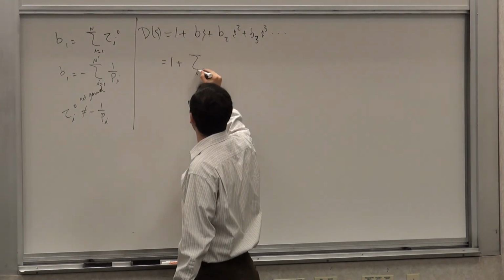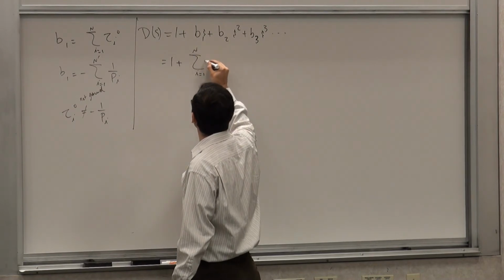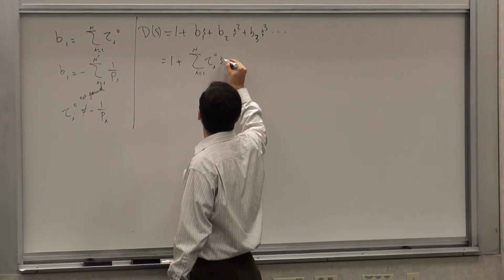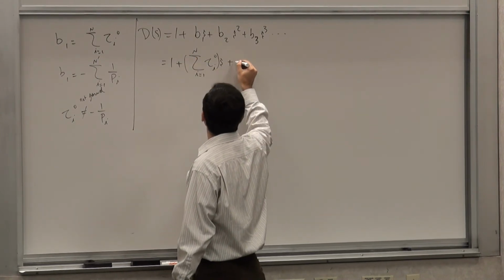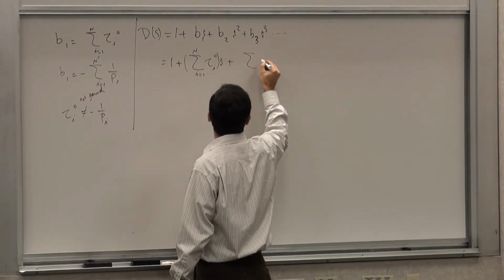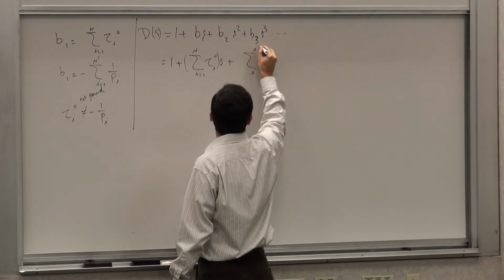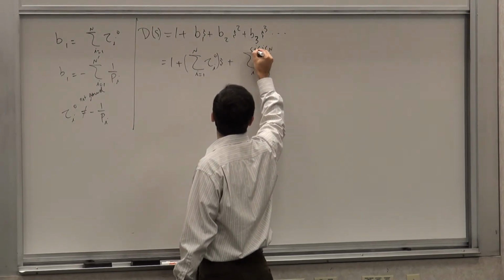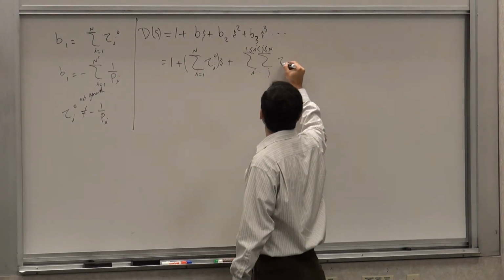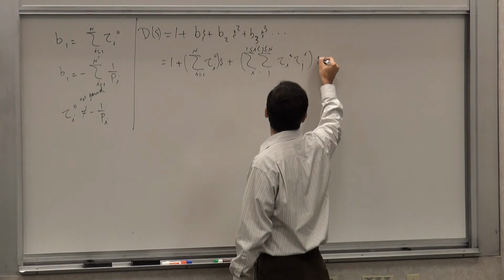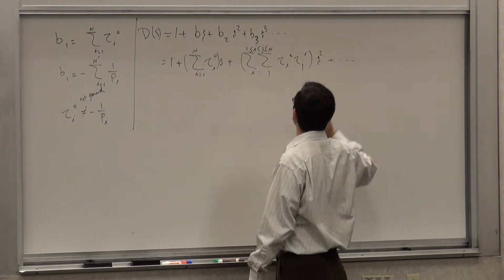So this is the sum over i equals 1 to n of tau i0 s, plus this guy is a double sum over i and j, tau i0 tau ji s squared, plus and so on.